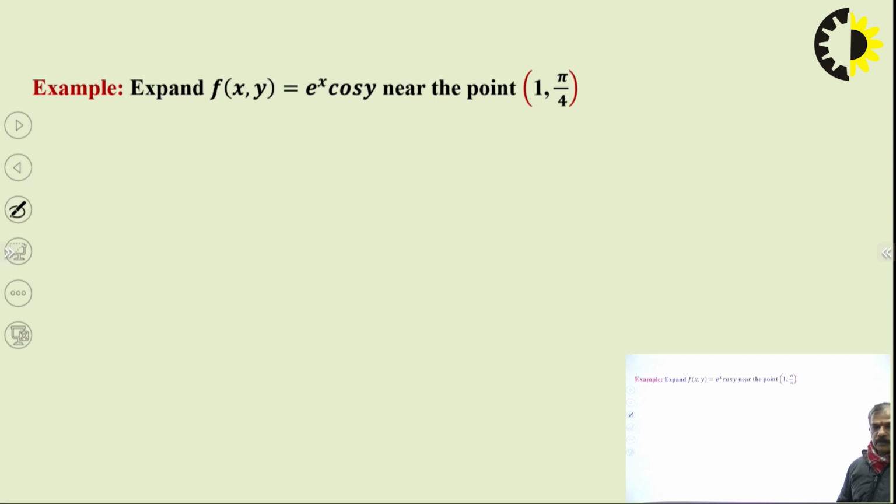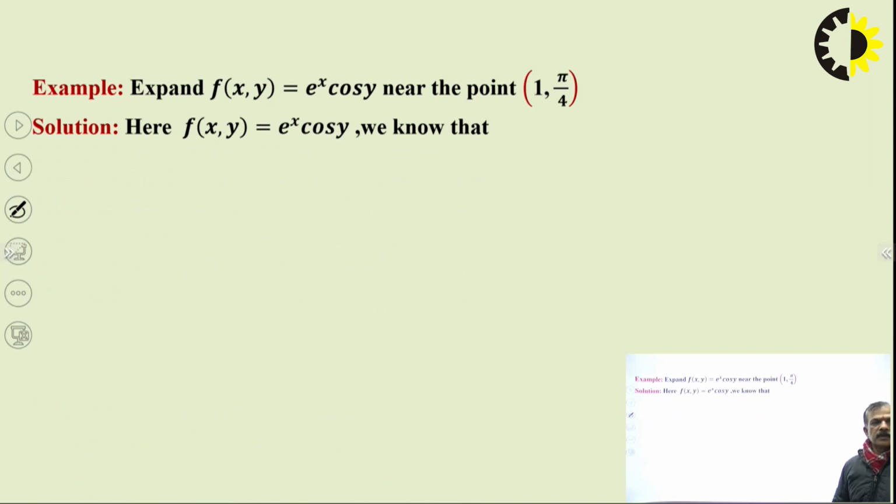Now, we will discuss the expansion of a function of two variables. We take a function of two variables, denoted by f of x y, where f of x y is e raised to the power x into cos of y, because in this function we have both variables x and y.